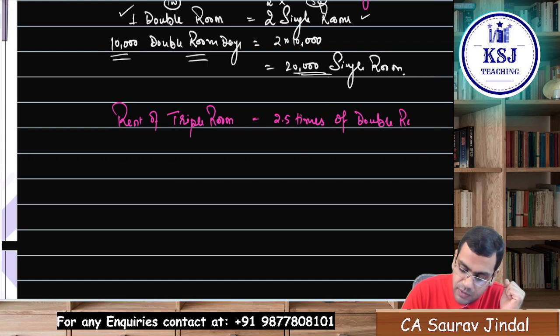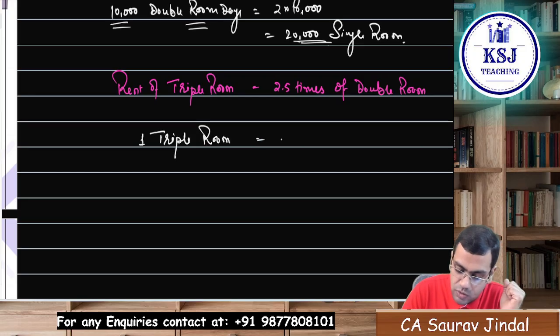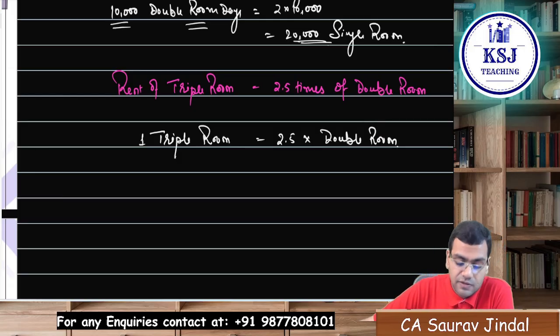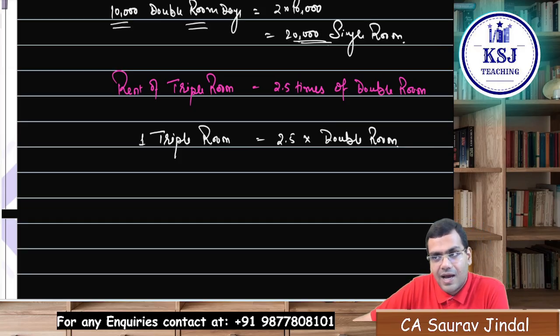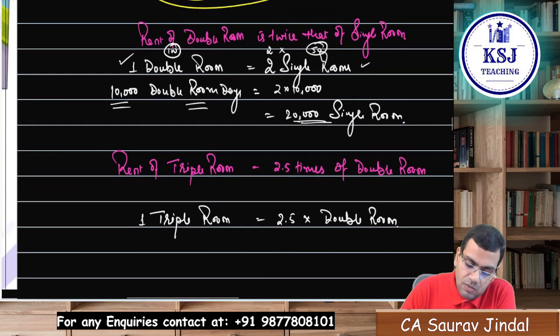Now, what will you do in that case? Can I frame this in the form of an equation that one triple room is equal to 2.5 times the double room, right? Whatever rent is being charged for the triple room, if I want to charge the same rent from the double room, I will need 2.5 double rooms. Now here one double room we are saying as two single rooms.